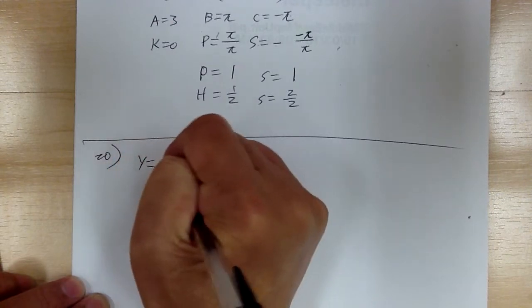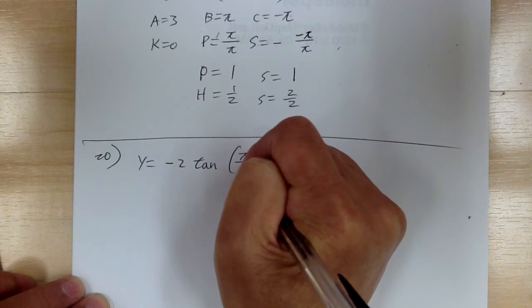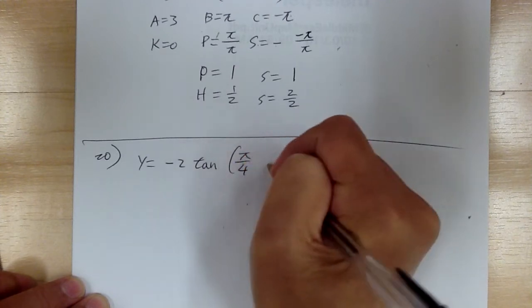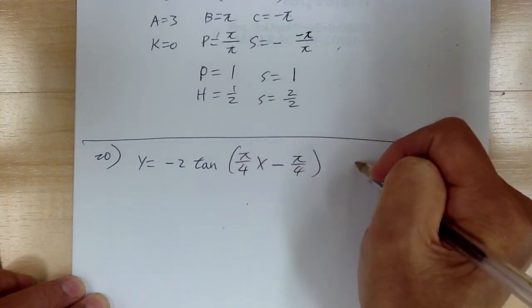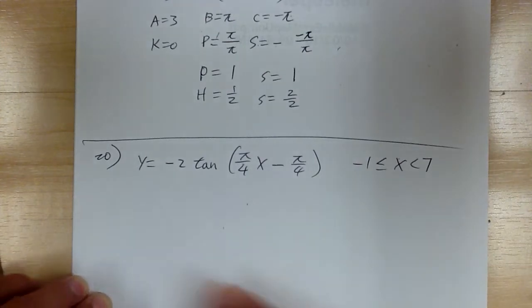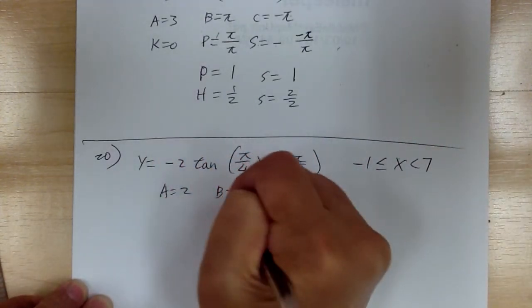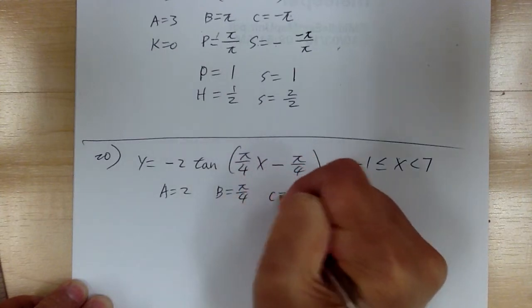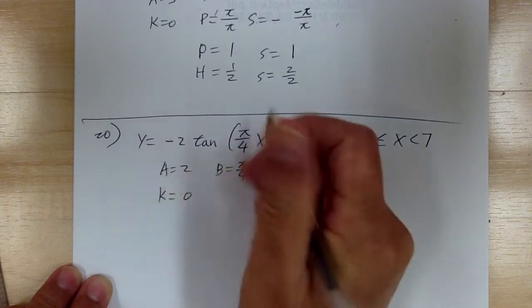y equal to -2 tangent of pi over 4 x minus pi over 4, and you want to go from -1 to 7. So a equal to 2, b equal to pi over 4, c equal to -pi over 4, k equal to 0.